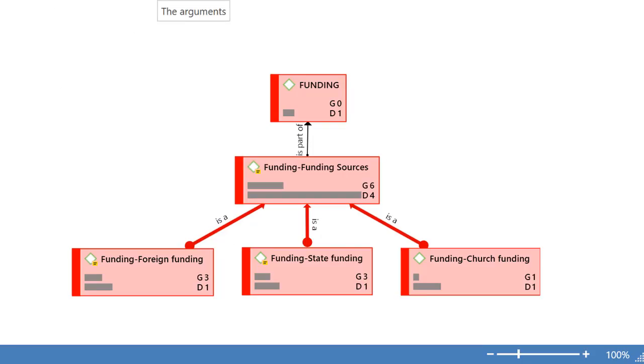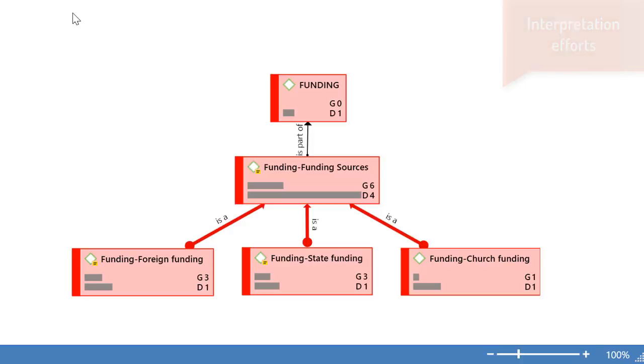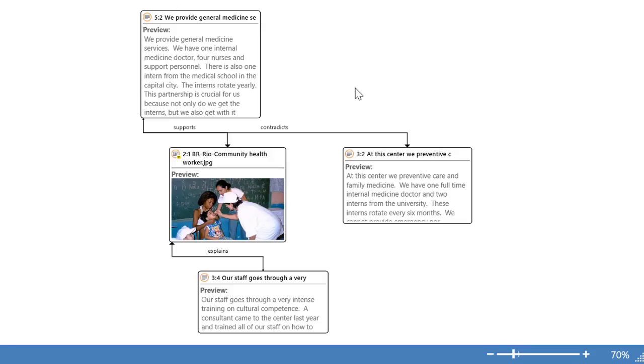Both represent efforts to interpret, efforts to make sense of the data. With linkages between codes, we are working more at a theoretical, conceptual level, while with linkages between quotations, we are really working more at the data level.